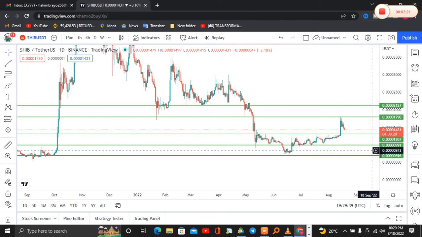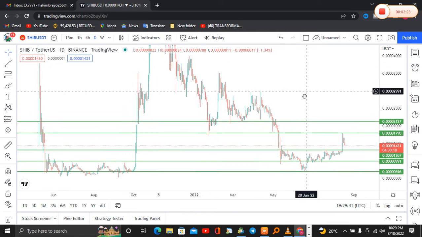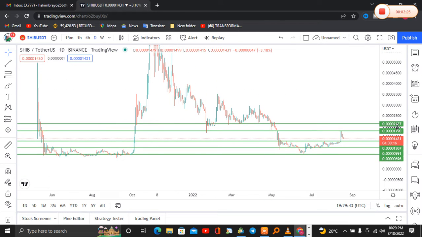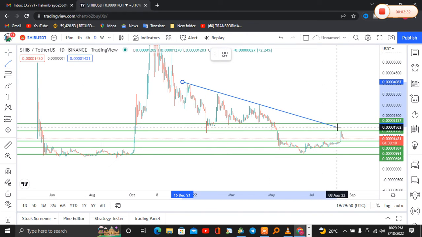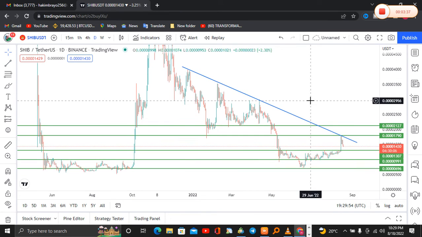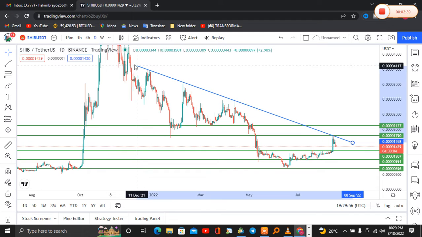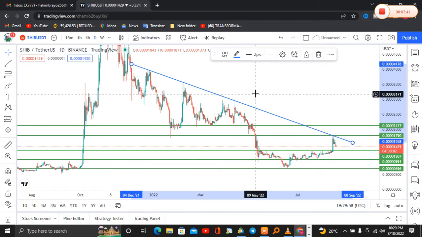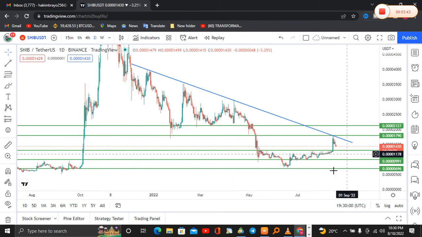Now when you're focusing on Shiba Inu at the moment, you can clearly see we have a lot of sellers in the market, because if you try bringing back our resistance trend line, you can clearly see that the price has been respecting this particular level for so many times.